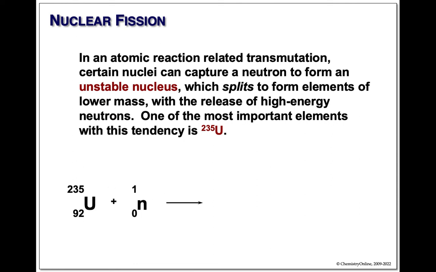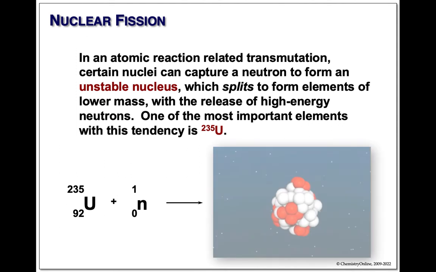If we take uranium-235 and we take a high-energy neutron, it can come and hit the nucleus, form uranium-236. That's unstable, and the whole thing splits open.